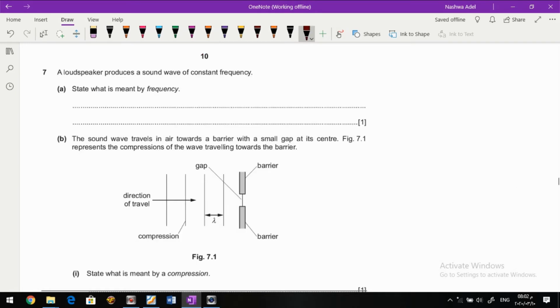Here also we have a question from paper 4. A loudspeaker produces sound waves of constant frequency. State what is meant by frequency.